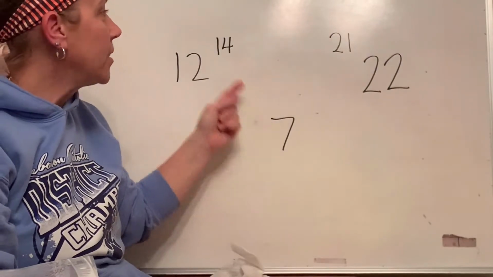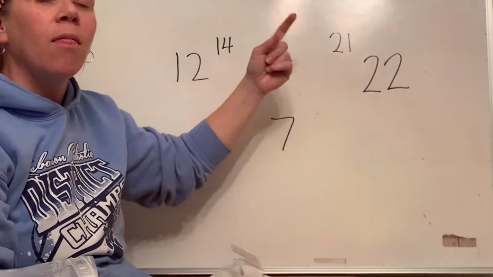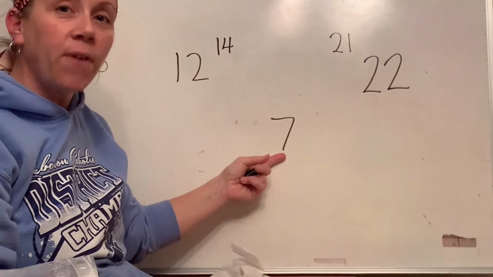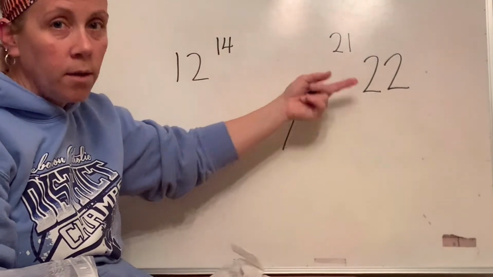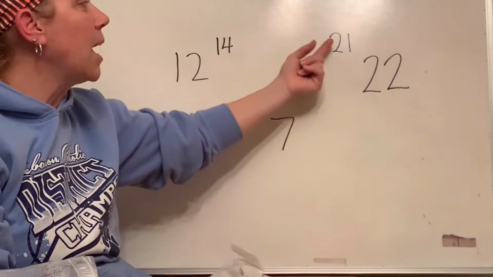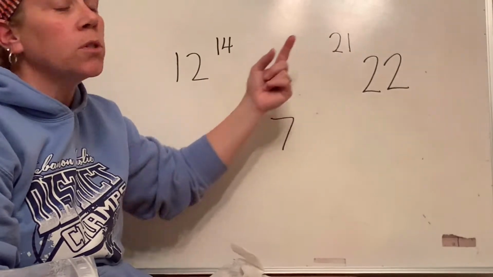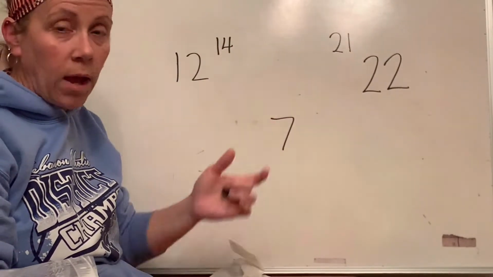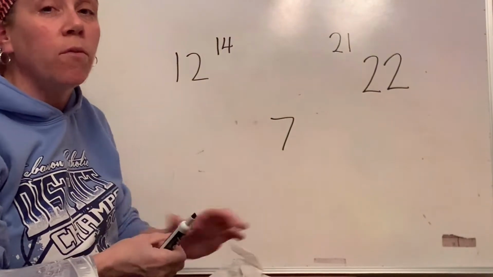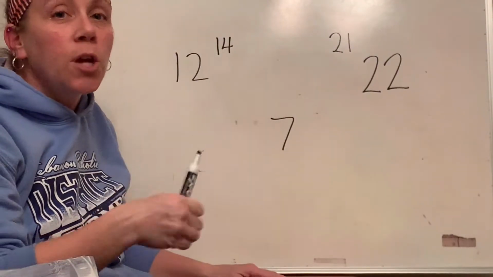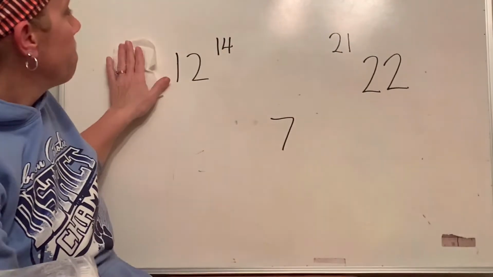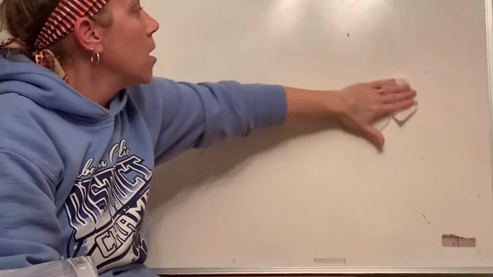So I can count by 7s and get to both of these numbers. That means that 7 is a factor of 14 and 21. It also means that 14 and 21 are multiples of 7. Okay, so we need to be able to use those vocabulary terms to understand some of these questions. All right, so that's that.